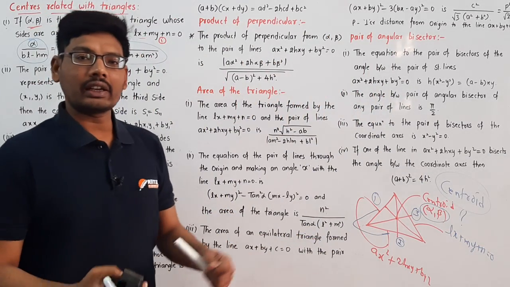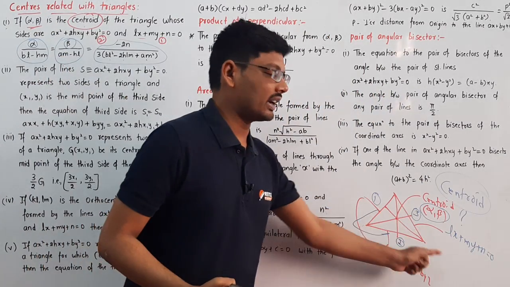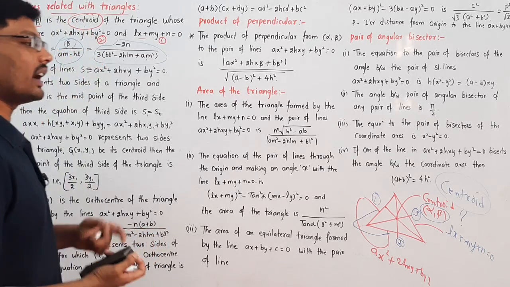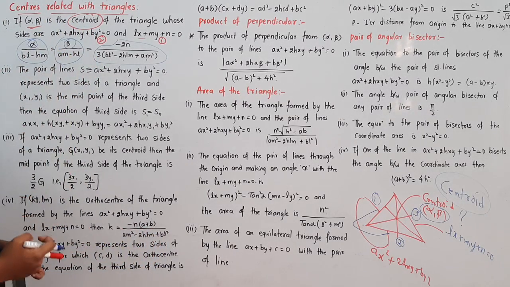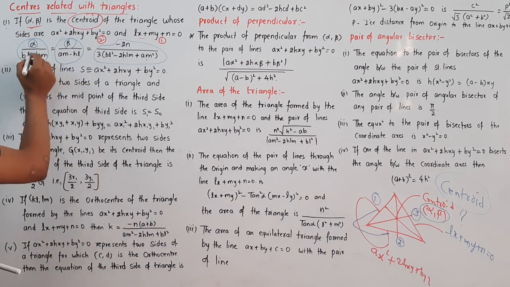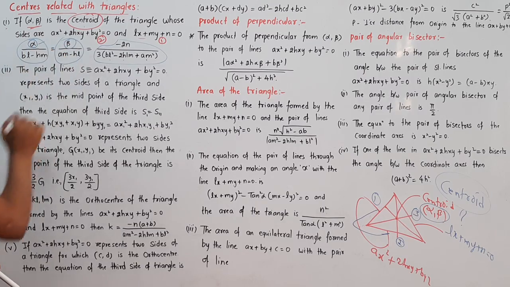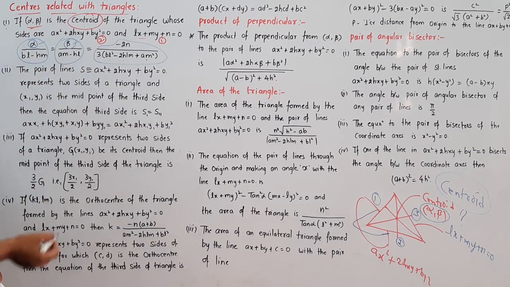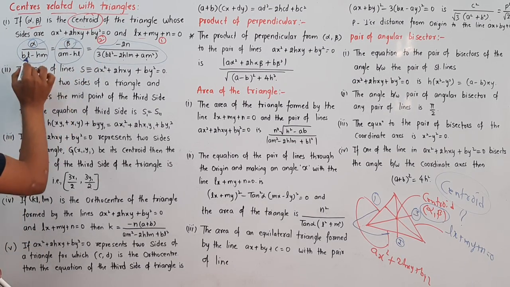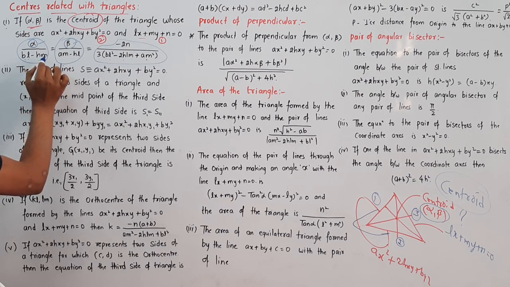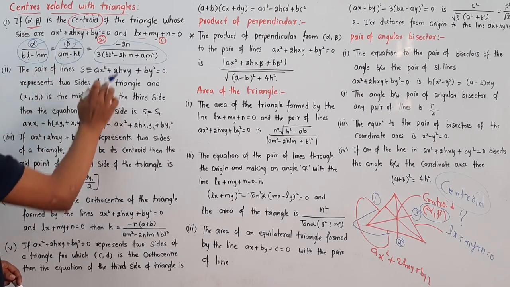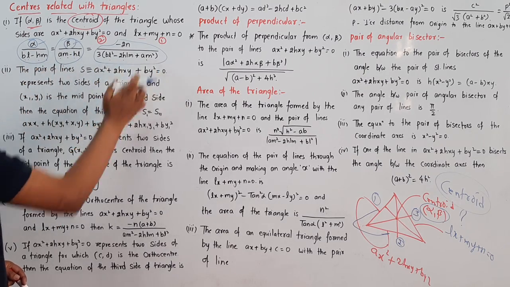When a pair of straight lines equation and a straight line equation are given, we can find the centroid alpha comma beta directly. We don't know the values of alpha and beta, but we know the values of b, l, h, m, a, and bl square, 2hlm and am square.